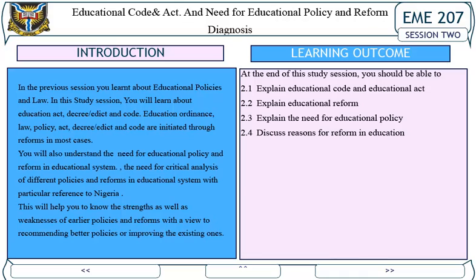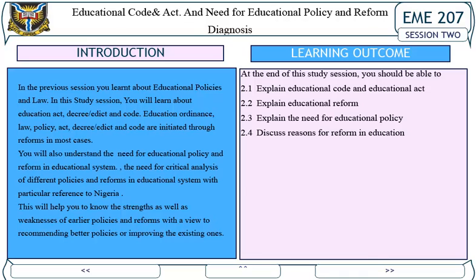You will also understand the need for educational policy and reform in the educational system, and the need for critical analysis of different policies and reforms in the educational system with particular reference to Nigeria. This will help you to know the strengths as well as weaknesses of earlier policies and reforms with a view to recommending better policies or improving the existing ones.